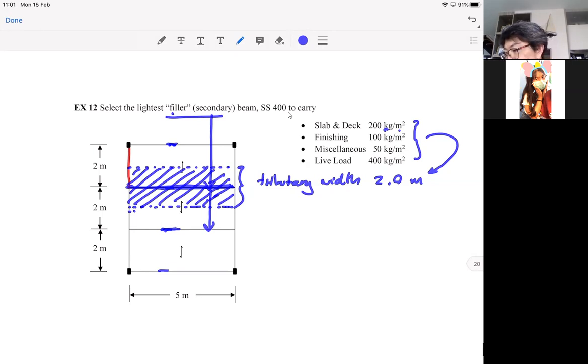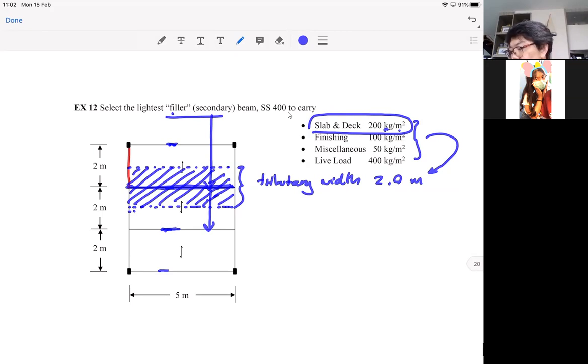Okay, so let's say after I pick the floor, the weight of the slab and the deck is 200 kilogram per square meter. The weight of the finishing is 100, and miscellaneous, it can come from anything, the ceiling, the piping system, the conduit, whatever. It's another 50, okay? And the live load is 400.